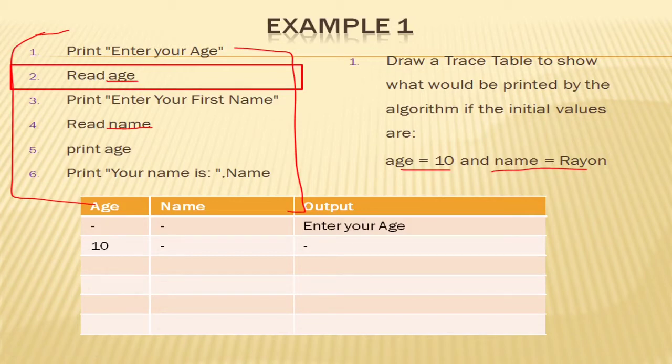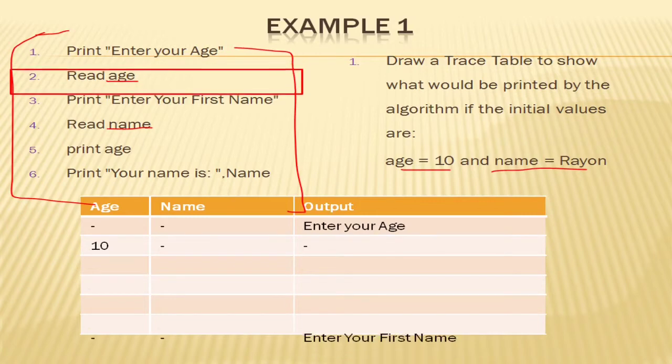So hence in the trace table that we draw, in the second row, we're going to put the value for age. And if you realize that we're moving down row by row in the table, so each line is a row in the table. So line 1 is the first row in the table, line 2 in the pseudocode is the second row in the table, and as you guess, line 3 will be the third row in the table, right? Alright, so let's move on.